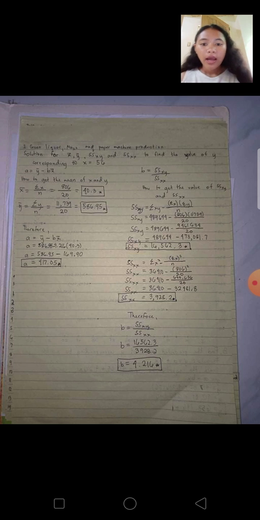So therefore, ang value sa A karon is 417.05.